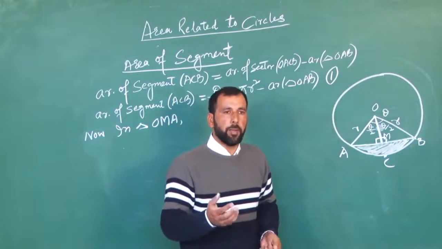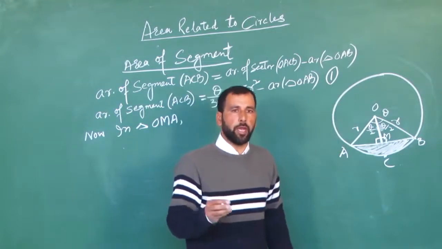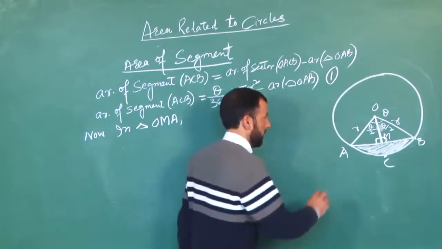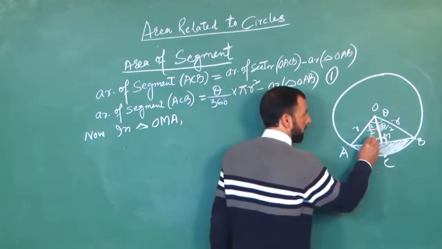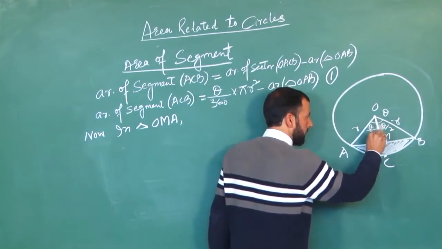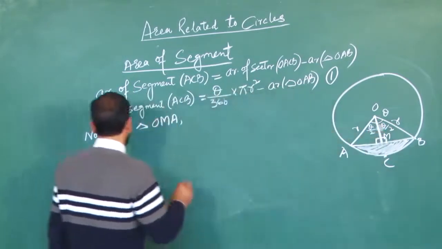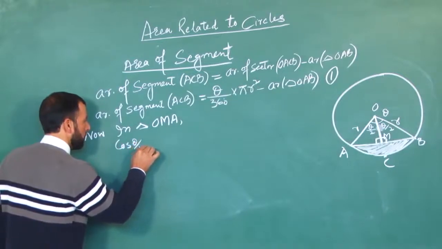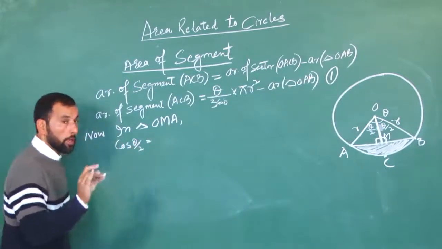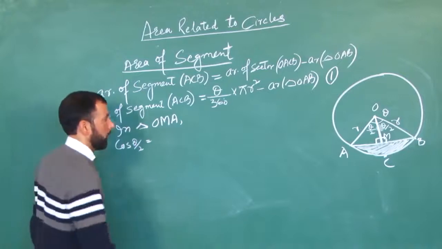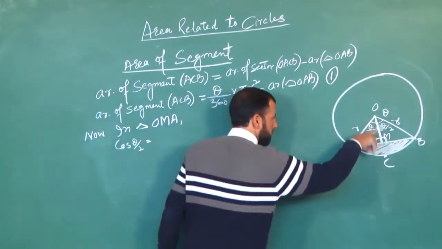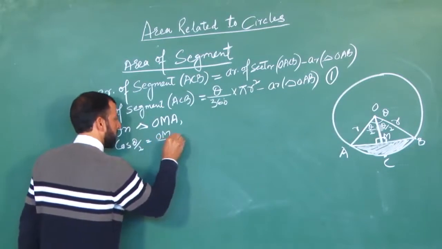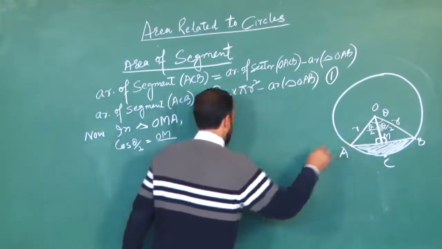We know that the base is the side adjacent to the angle and the hypotenuse is the side opposite to the right angle. Here the angle is theta by 2, and its adjacent side is OM. So cos of theta by 2 is equal to base by hypotenuse. The base is OM, so it is OM divided by the hypotenuse, which is OA.